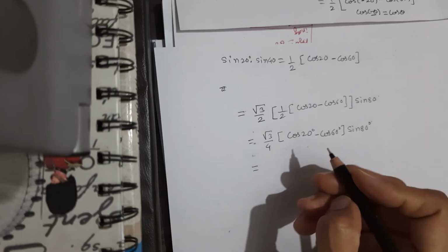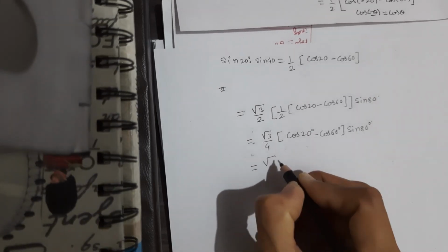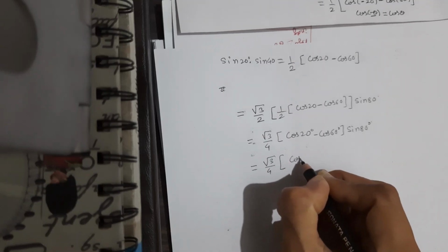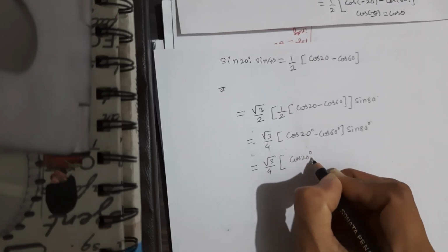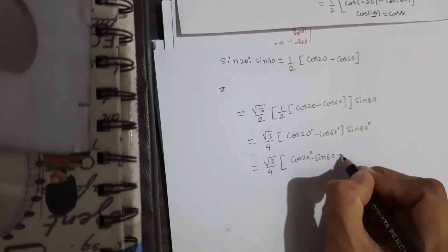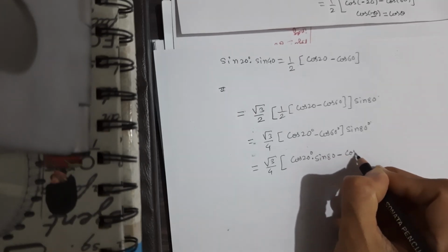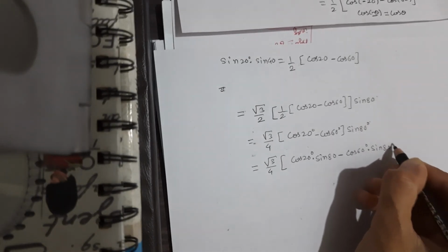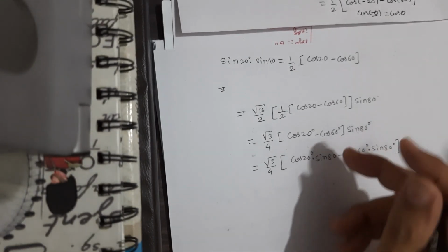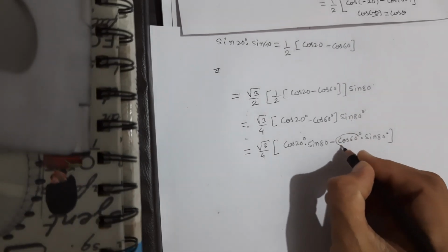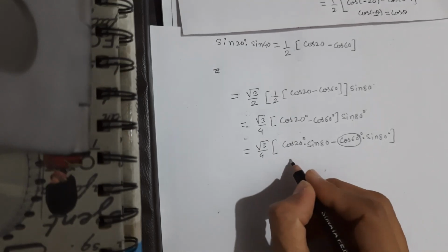So I'll get root 3 by 4 into cos 20 multiplied by sin 80 minus cos 60 multiplied by sin 80. Just open the bracket with sin. Now from here, this cos 60 value I know from the table.